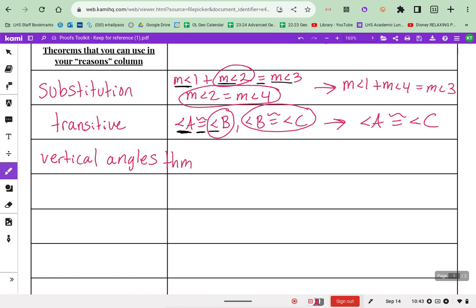Ran out of room, so I abbreviate theorem, THM. Vertical angles theorem. And you guys already know that vertical angles are congruent. That's what the theorem says. Vertical angles are congruent.